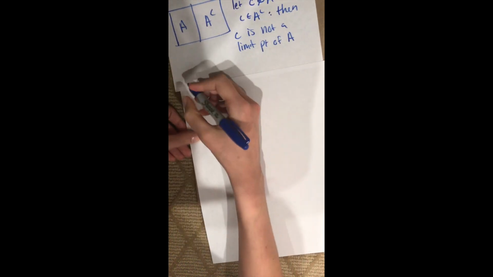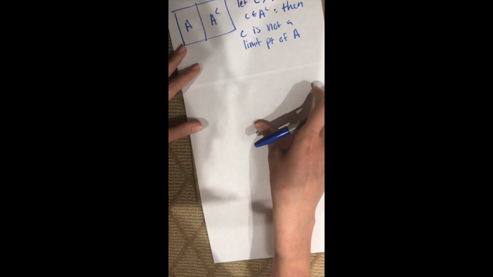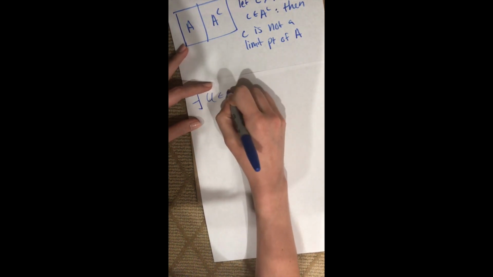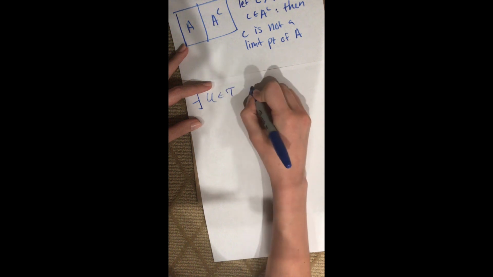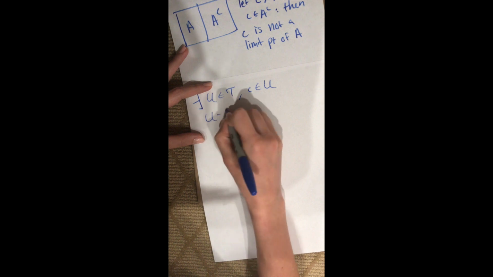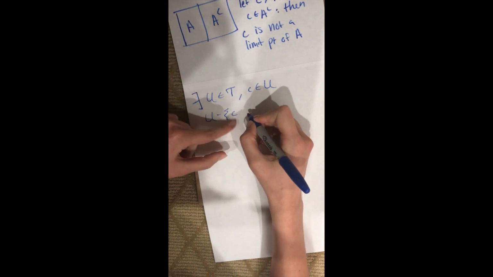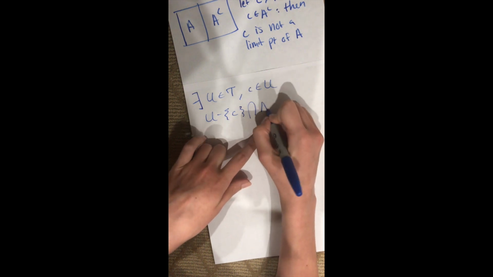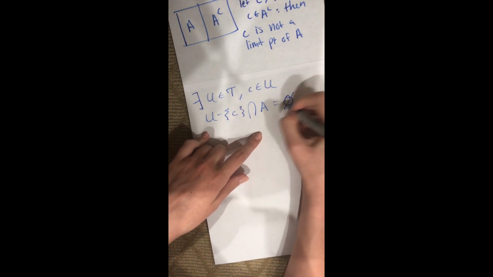Okay, so we know that C is not a limit point of A, which means that from our definition there exists an open set U such that the open set, excluding the one point that wasn't in A, intersection with A, is in fact the empty set.